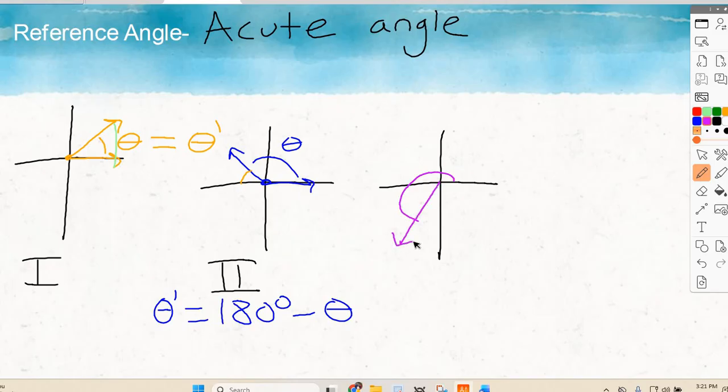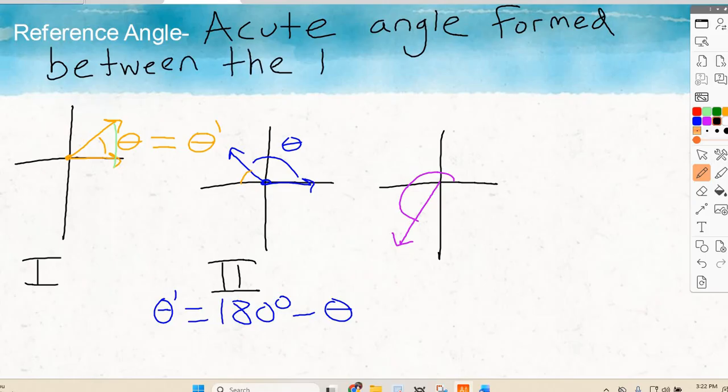Now we do want to be careful here. So it has to be an acute angle. It actually has to be the acute angle formed between the terminal side. So remember, that's the one that rotates. And remember, I said I want my little triangles to be equal.